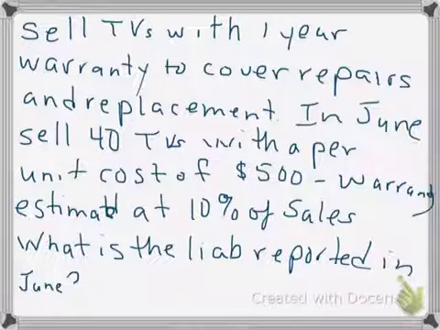So we would actually have to do a journal entry for this type of contingent liability. So what we have on our worksheet is Blake Department Store sells television sets with 1-year warranties that cover repairs and replacement of television parts. In the month of June, Blake sells 40 television sets with a per unit cost of $500.